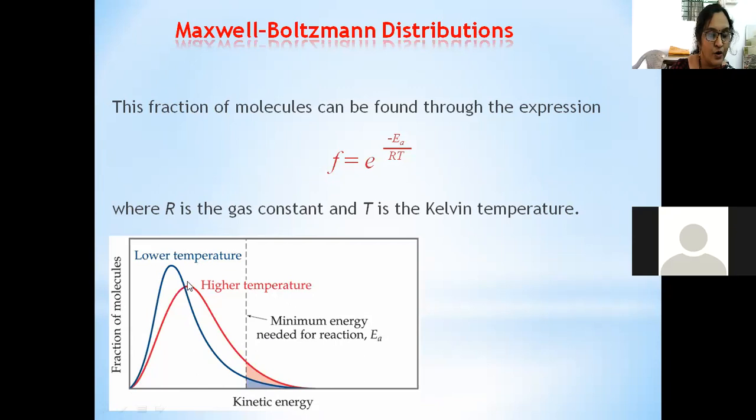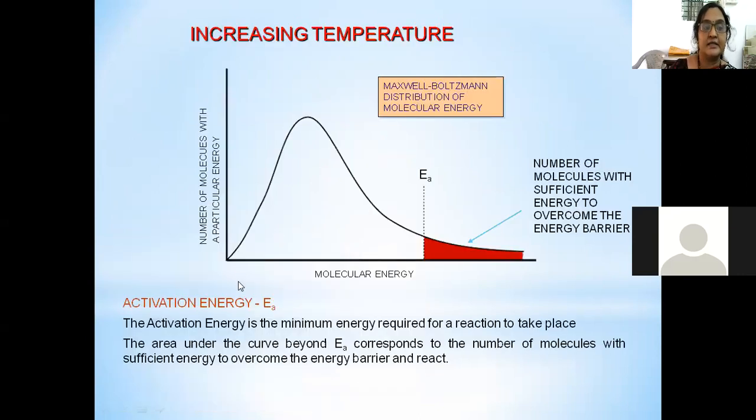And when we lower the temperature, the fraction of molecules possessing kinetic energy equal to the activation energy will get decreased, and when we increase it, that fraction will get increased, and that's why the rate of reaction will increase. Why will the rate of reaction increase with the increase in temperature? Because the fraction of molecules possessing kinetic energy equal to the activation energy will get increased with increasing temperature.